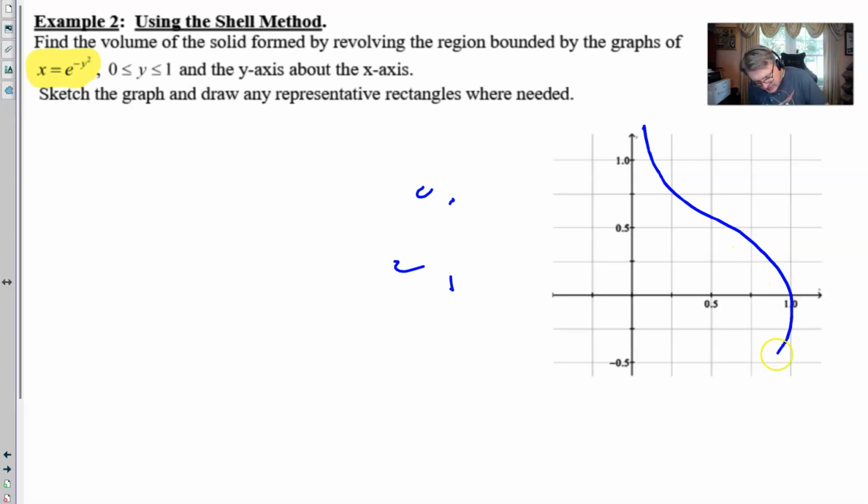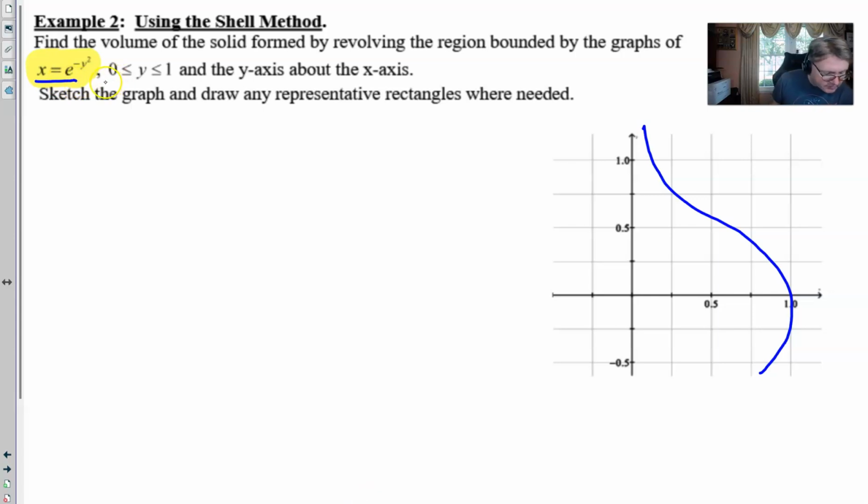Now notice that there's a bit of a scale change going on here, and I'm not really worrying so much about whether my points and such are accurate in this region, because I really don't care. The whole point of this picture is just so that I have a visual so that I can draw my representative rectangles. And so I feel pretty good that that's going to do the job for me.